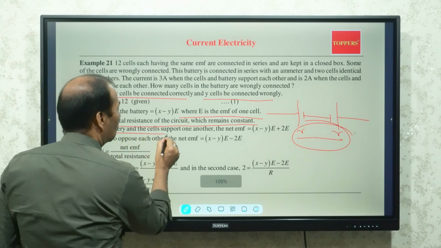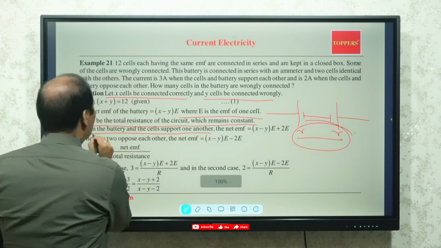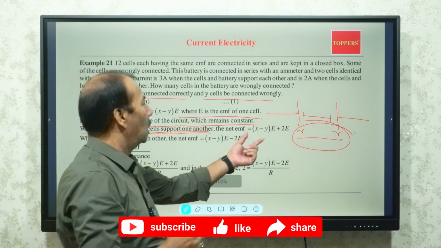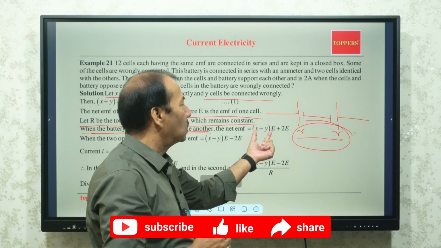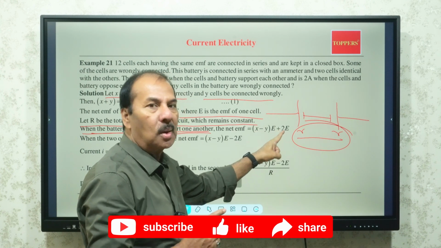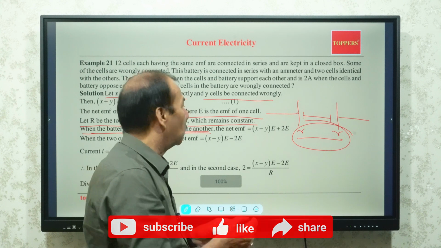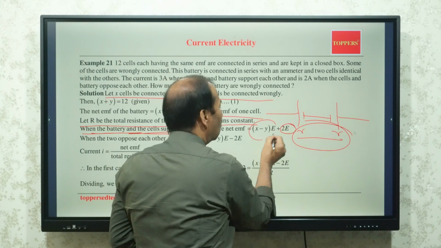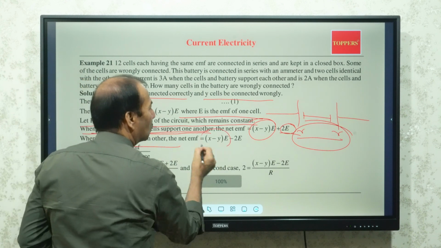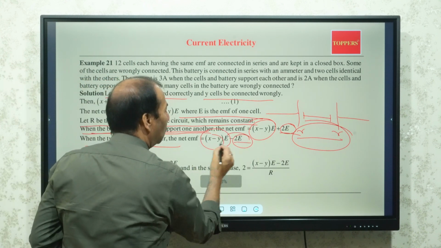Now when the battery and the cells support one another, the net EMF of the cells is (X minus Y)E, and the battery has two cells, so it becomes plus 2E, because they also support, so it will be added. When they oppose, this will be opposite to this.